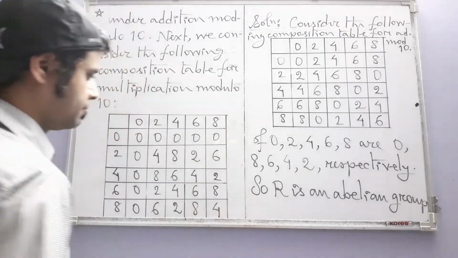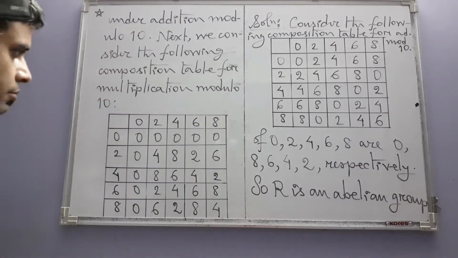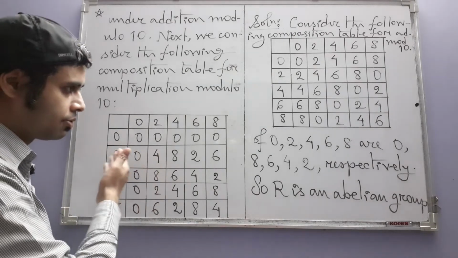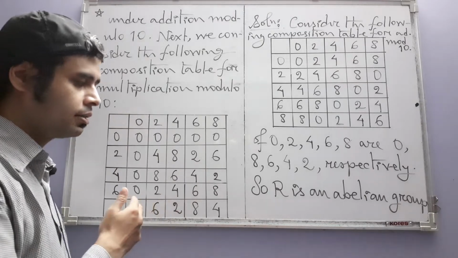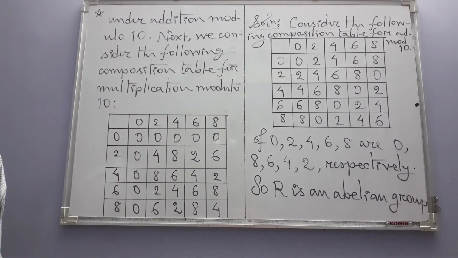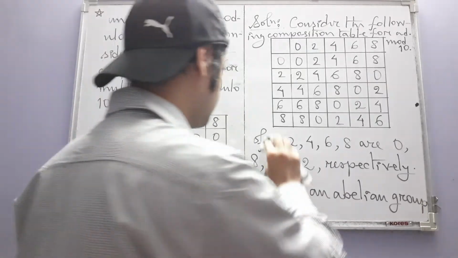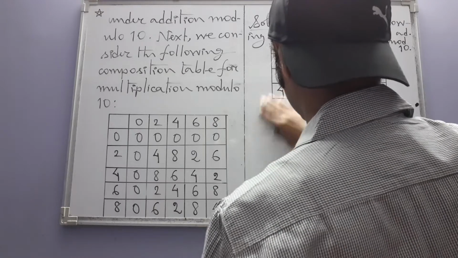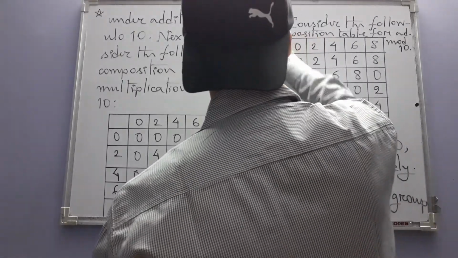So 4. So here also we can see that our set R is closed under this operation also, multiplication mod 10. So the next things we are going to write, they are going to be similar.